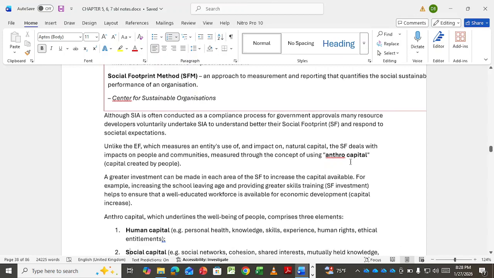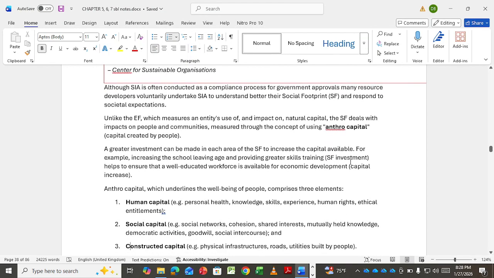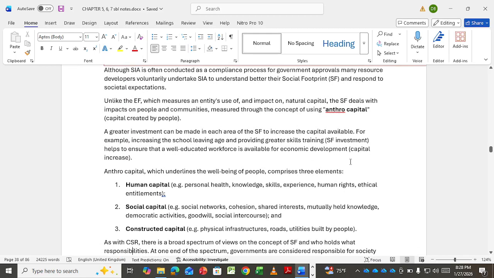So under that we can talk about the human capital, we can talk about the social capital, the networks that we have created, what are the interests that we have, what are the mutual relationships that we have created, what is the goodwill that we are taking on. All this you'll be able to present to talk about, if you're having a social footprint, what have you left behind.